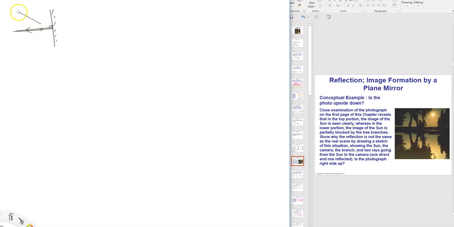If it comes with an angle, it's going to reflect with the same angle. And then it makes all these images and the image properties we talked about. They have to have the same distance in front of it and behind it. They have to have the same size, no magnification. It's virtual, meaning it's always behind the mirror.